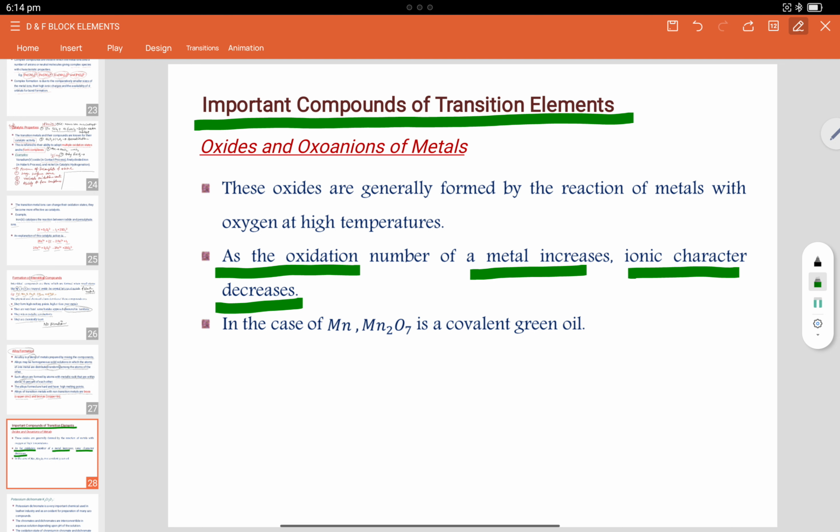Remember what they are saying: as the oxidation number increases, ionic character decreases. In the case of Mn2O7, it is a covalent green oil.